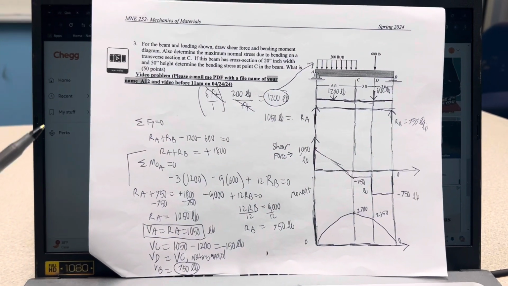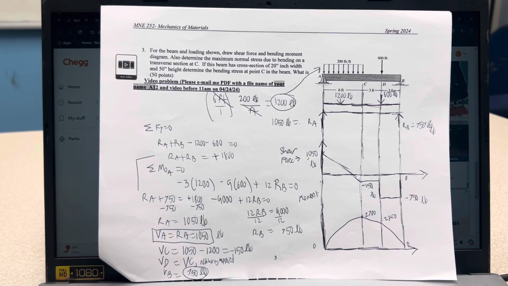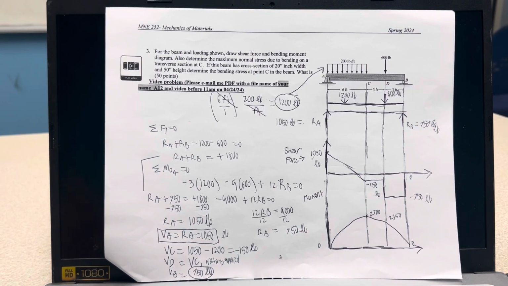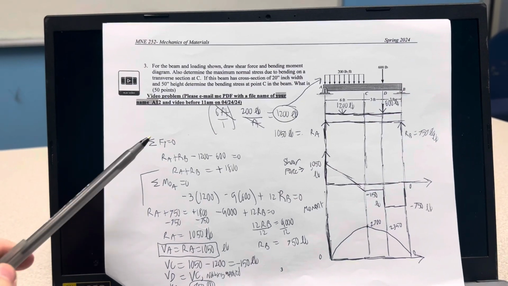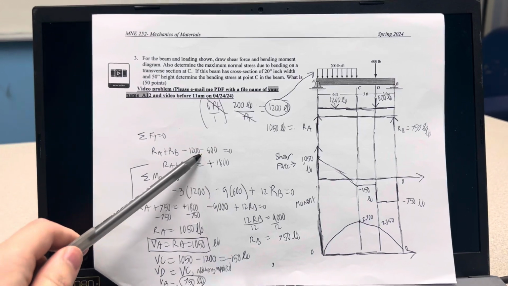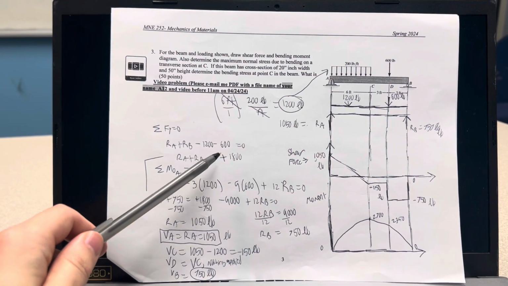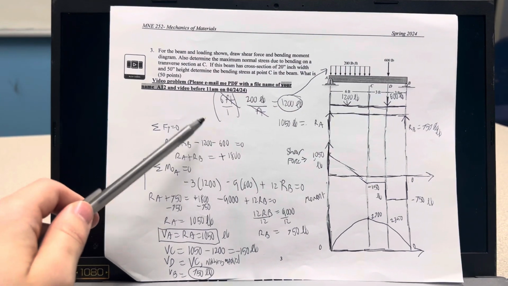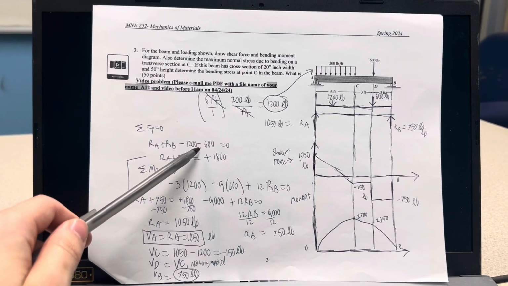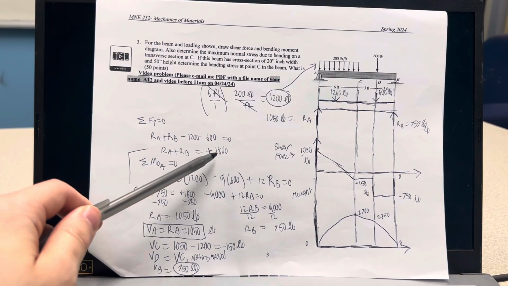To solve for RA and RB, I'm going to do the sum of forces in the Y first, which gives me RA and RB as positive because they're going up, and 1,200 and 600 negative. So I'm going to move those to the other side and sum them up, so that I'm left with 1,800.